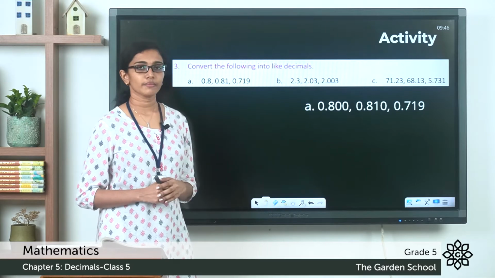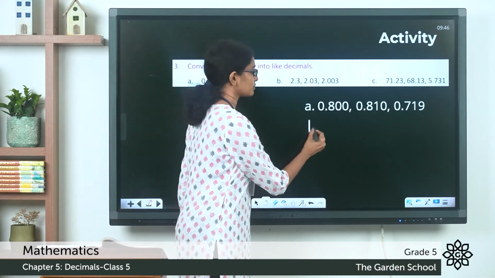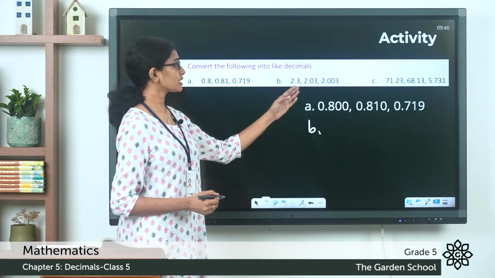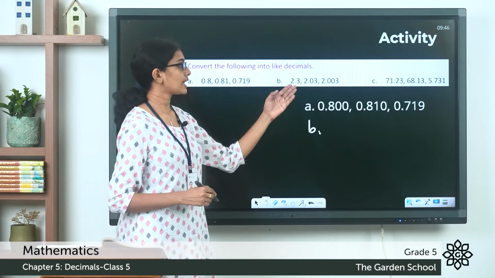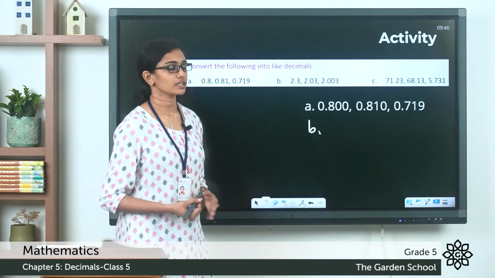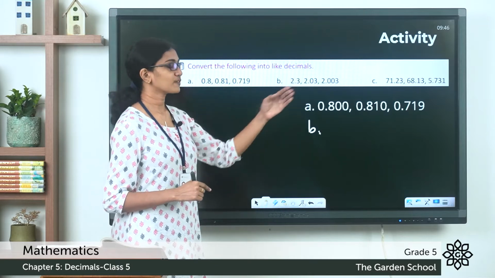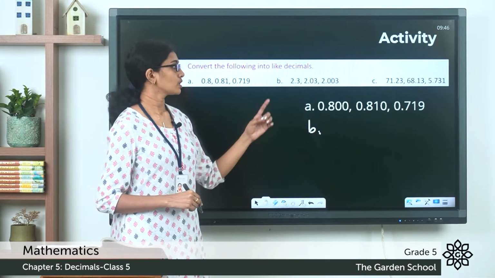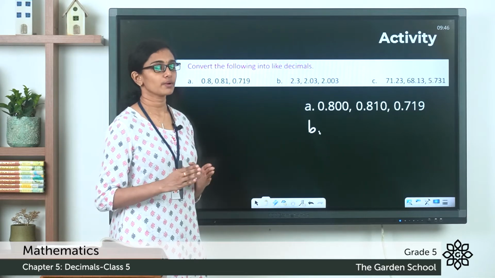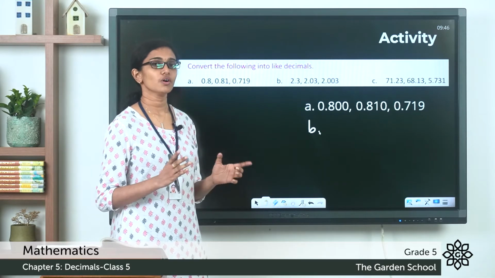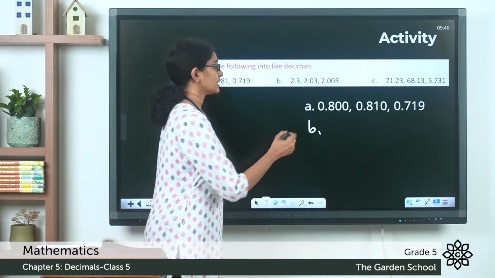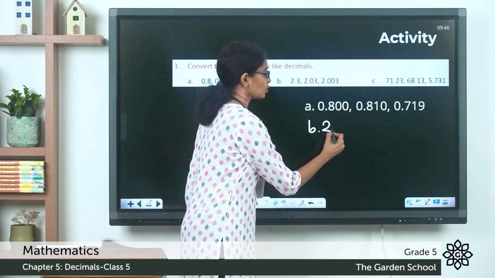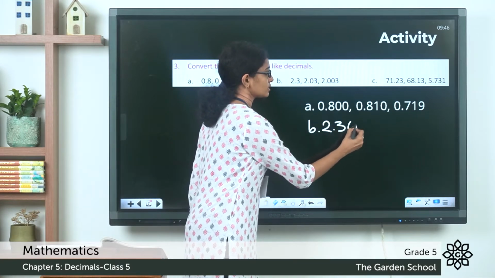Now, what about question B? How can we change them to like decimals? 2.3, 2.03 and 2.003. So, the maximum number of digits after the decimal point is 3. So, let's make the number of digits in the other numbers also 3. So, we can rewrite 2.3 as 2.300.